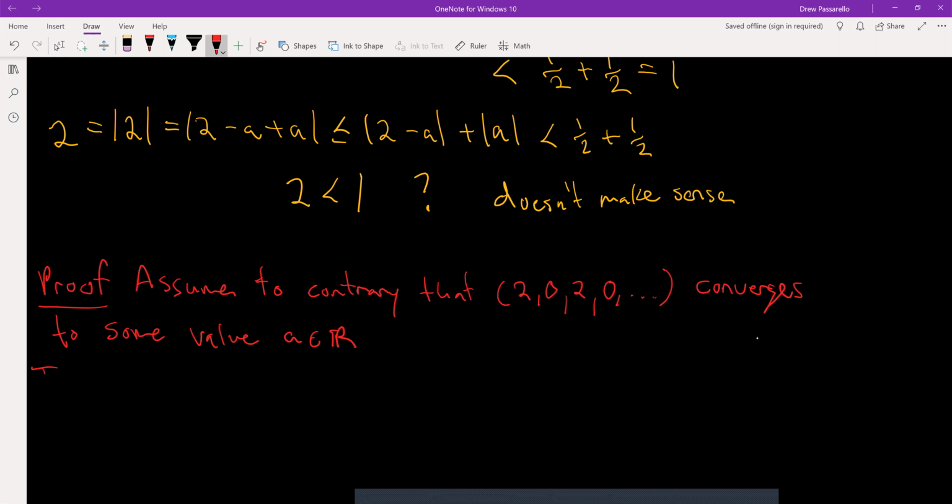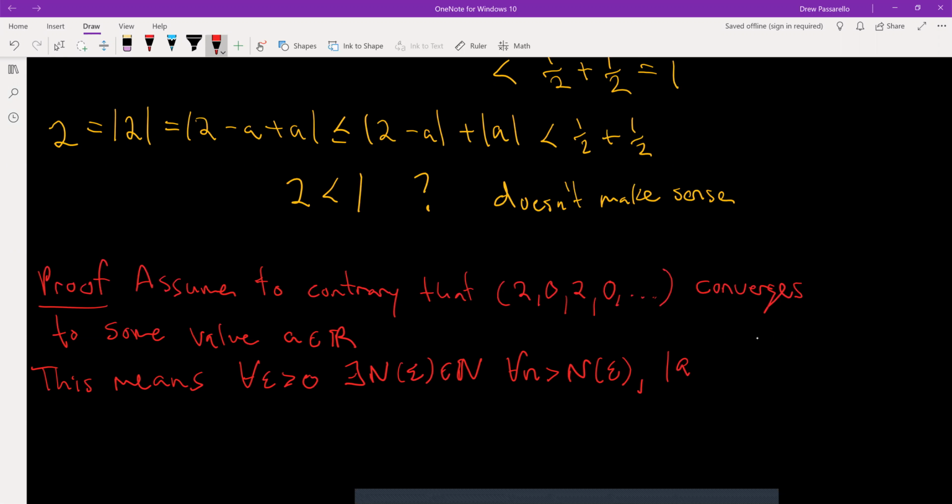This means for all epsilon greater than 0, there exists some capital N such that for all little n bigger than capital N, we have the absolute value of the nth term minus our particular limit a is less than epsilon.